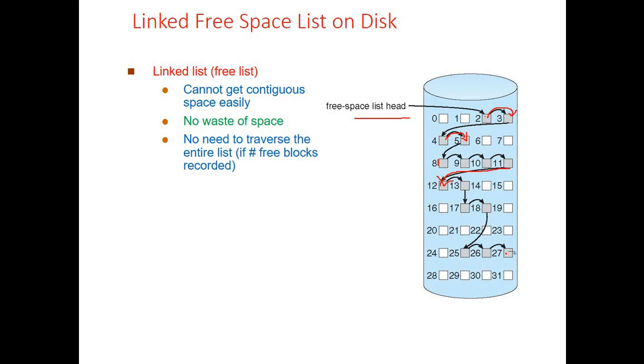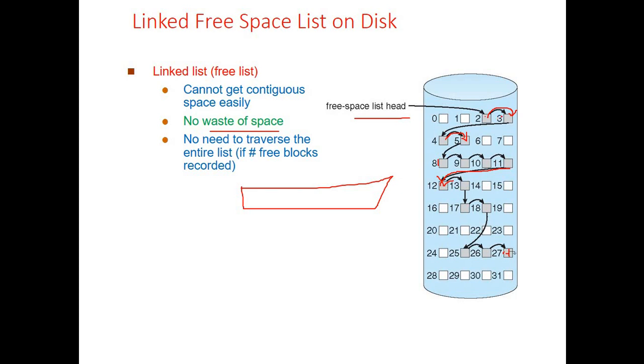So the last block will have the address -1. That indicates that this is the last vacant block in the disk. So in this case we don't need to maintain a separate bit vector or separate memory to hold the list of free blocks, so there is no wastage of space.